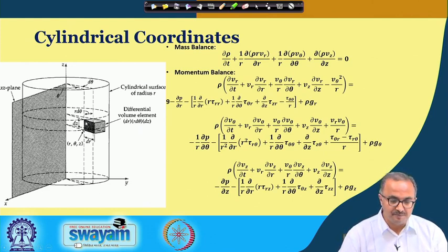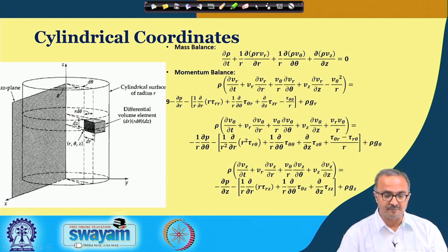So, you can see here that the length of this small slice is delta z, and this small slice is dr. And this particular width is r d theta. And you can see here this particular point is (r, theta, z). That means r is the distance from the central axis, theta is the rotation we have to make from this axis, and z is the distance from this particular plane.